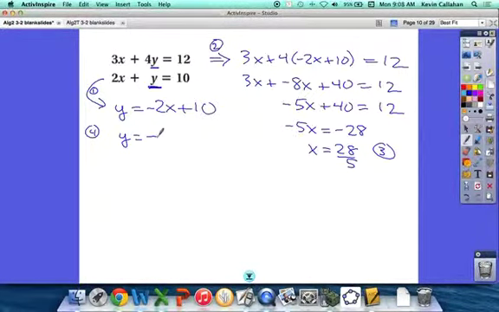y equals negative 2 times 28 over 5 plus 10. y equals negative 56 over 5 plus 50 over 5. Why did I write 50 over 5?